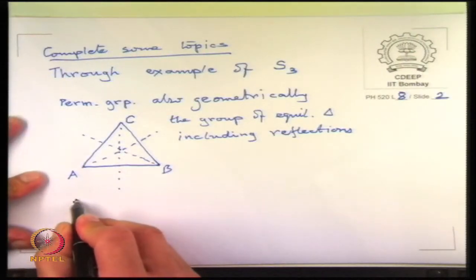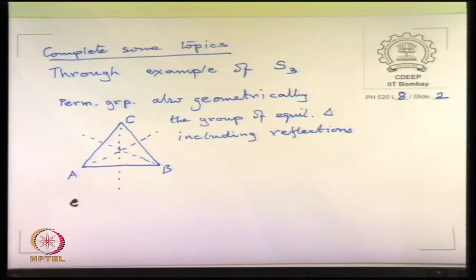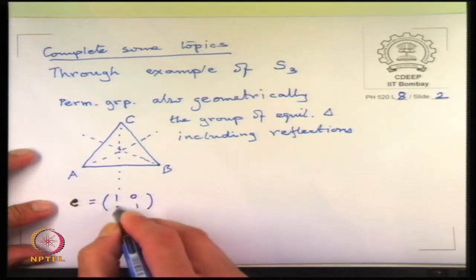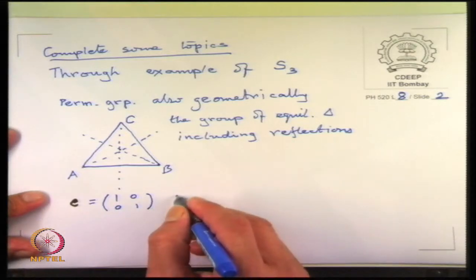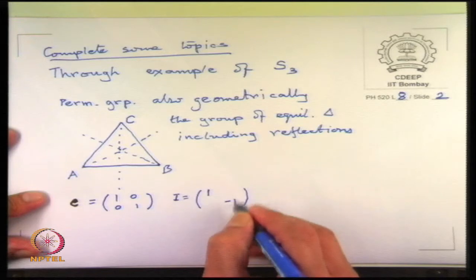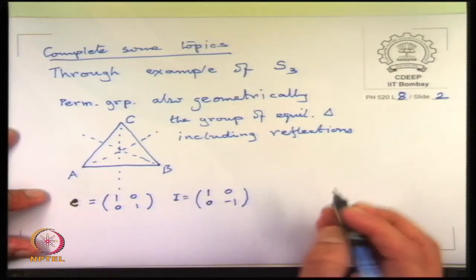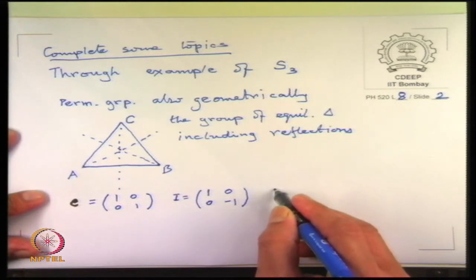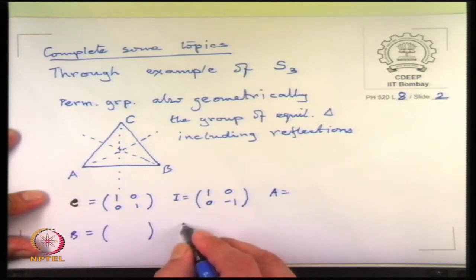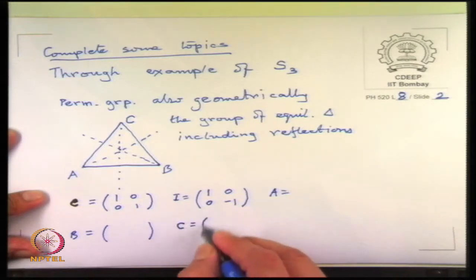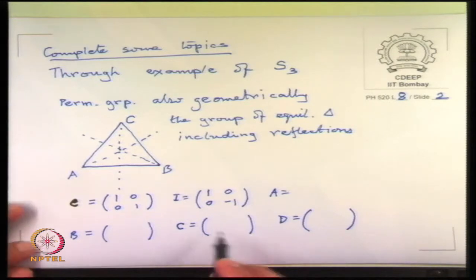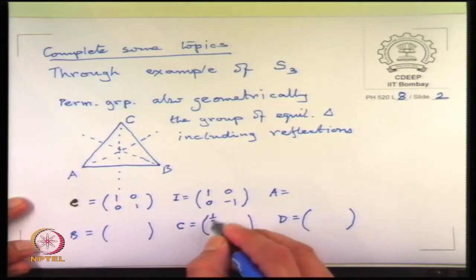Suppose we call E the identity, and let us call I to be the improper rotation or the flip, so 1, minus 1, and then we will write down this A and B a little bit later, and we write C and D. So this C and D we take to be our usual 2 pi by 3 rotations.